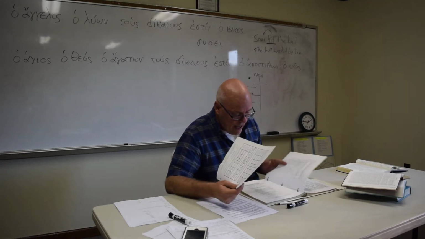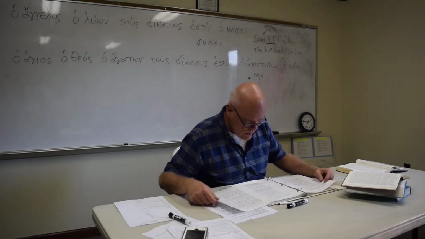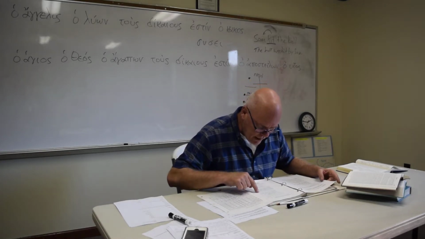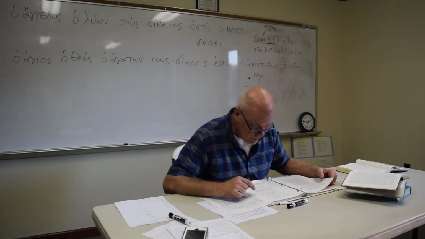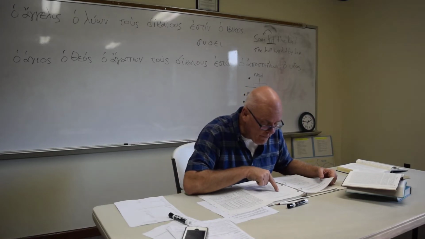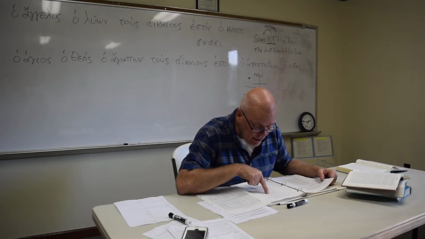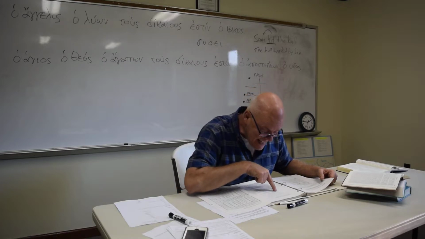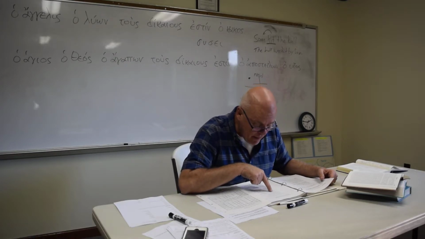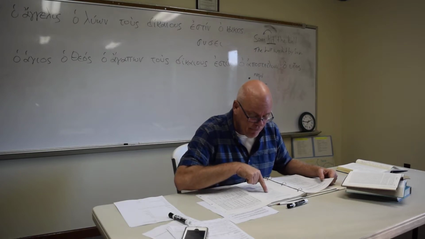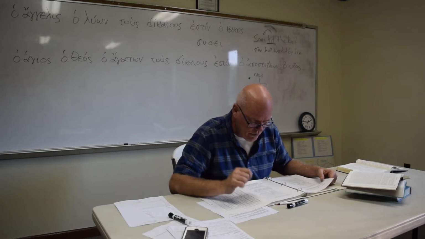You can see that on page 81, look at point 5. The masculine and neuter, the corresponding second declension endings are used. Number 6, in the feminine, the first declension endings are used.